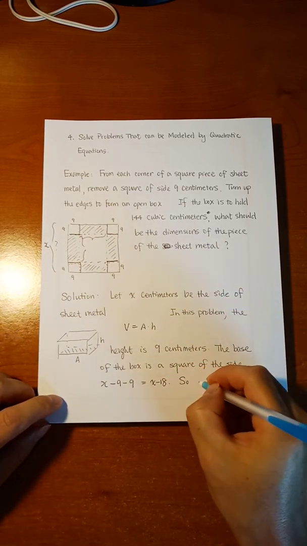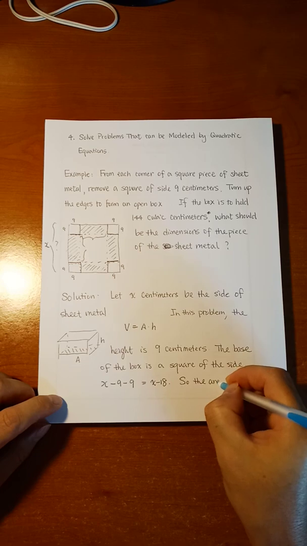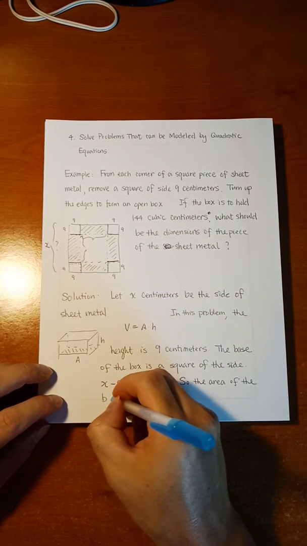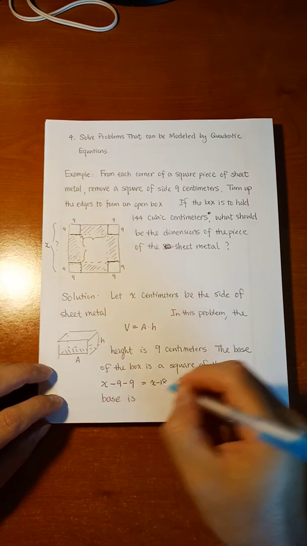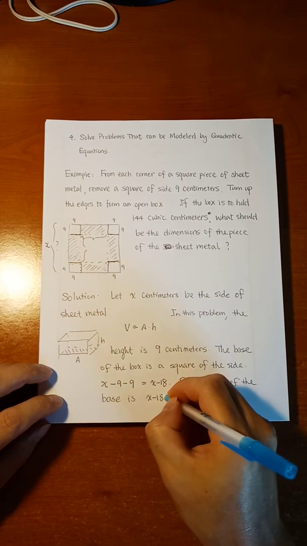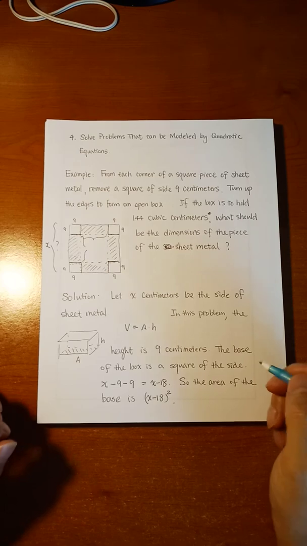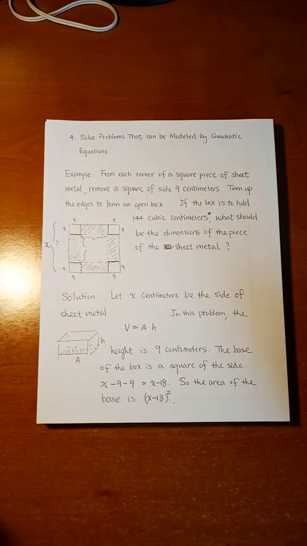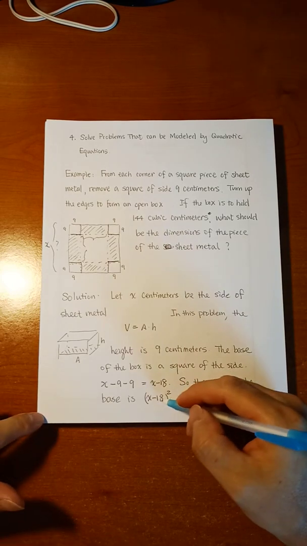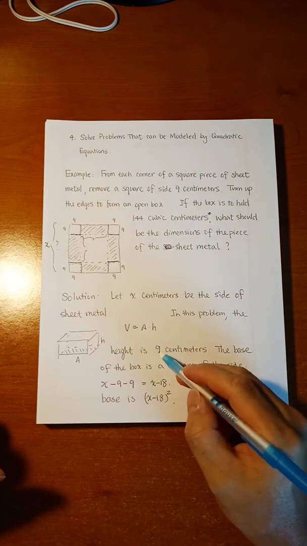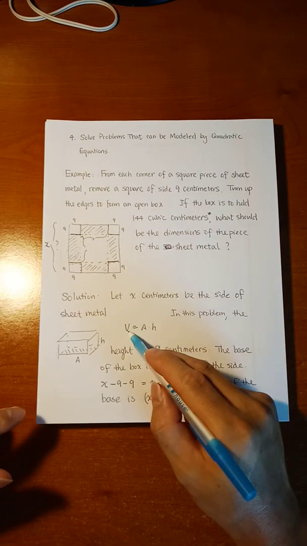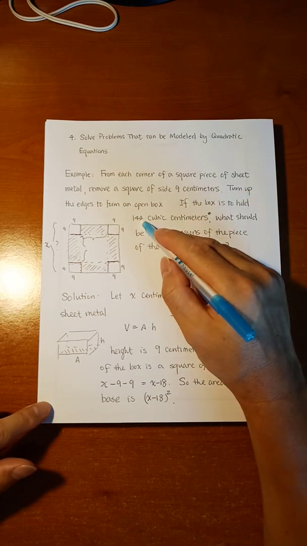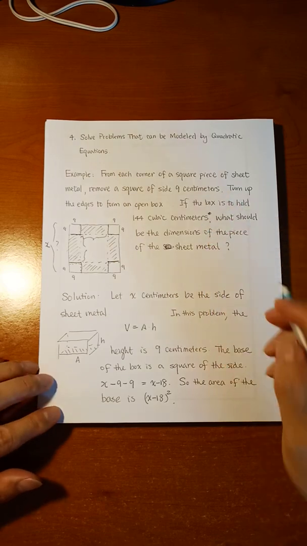So the area of the base is x minus 18 squared. For a square, the area of the square is the side squared. Okay, so A is x minus 18 squared. H is 9. And volume is given, the box is to hold 144 cubic centimeters.